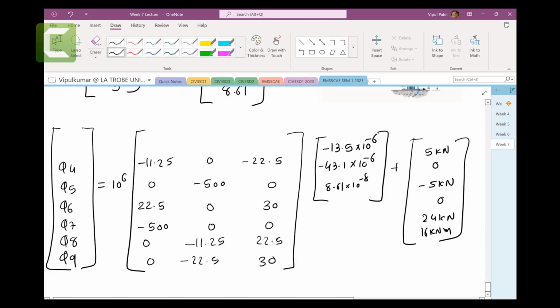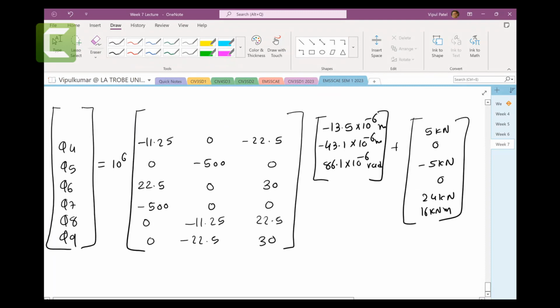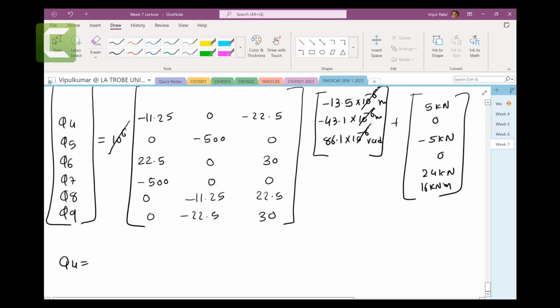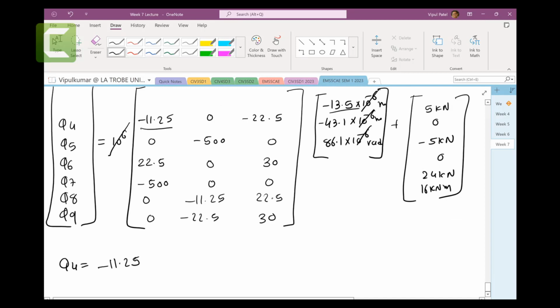And let's put 86.1 times 10 raised to minus 6 radian, and that is meters, and that is meters. Once you have done these, we can simply comment this one out, and we can write these in that format, because 10 to the power 6 and all these cancel. So Q4 equal to this minus 11.25 times minus 13.5.